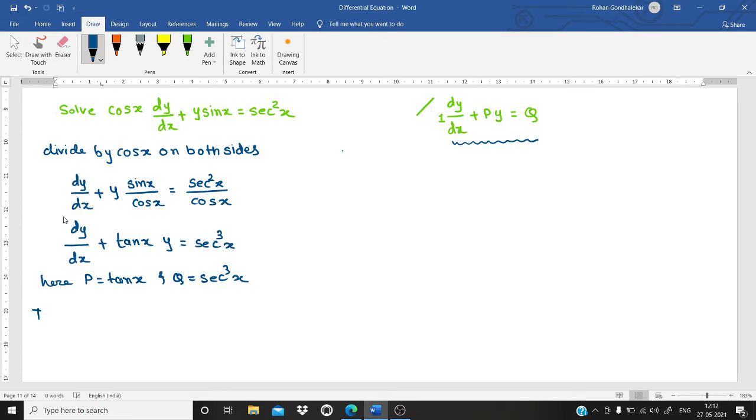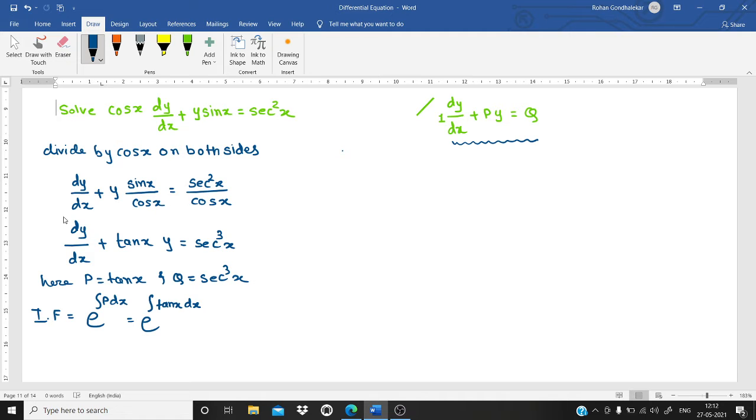So therefore the integrating factor is equal to e raised to integration of p dx, that is e raised to integration of tan x dx. Can you tell me what is the integration of tan x? Yes, the integration of tan x is log of sec x.